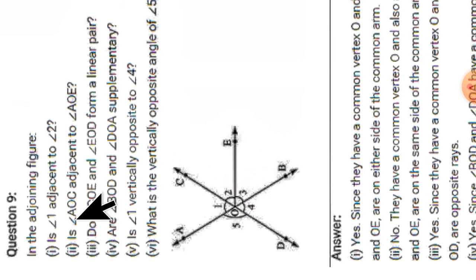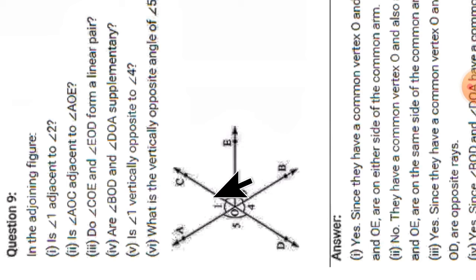Now, is angle AOC adjacent to angle AOE? Here OA is the common arm and the common vertex is O. But the rays OC and OE are on one side of the common arm.